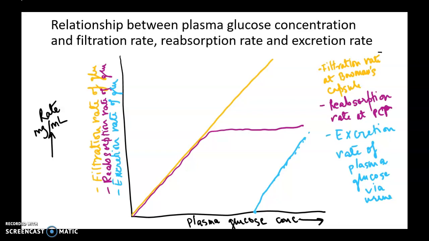On the y-axis, I have plotted the filtration rate of glucose in yellow, the reabsorption rate of glucose in purple, and the excretion rate of glucose in blue.